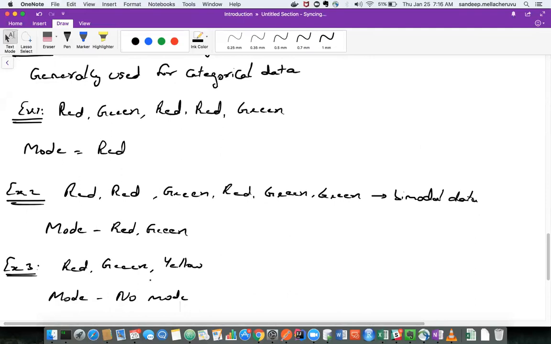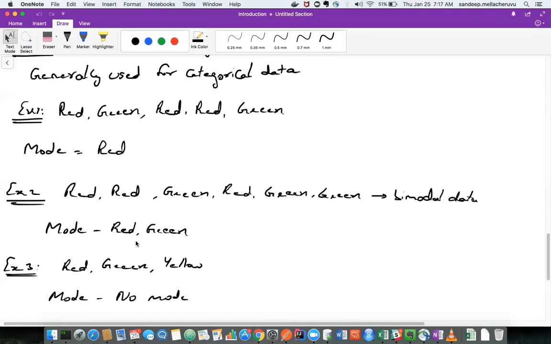For example, let's take a list of names. In this class, you have Sandeep, Subbu, Abid, Vijay. What is the mode here? There is no mode. There is no repetition of any name, right? So in that case, there is no mode.